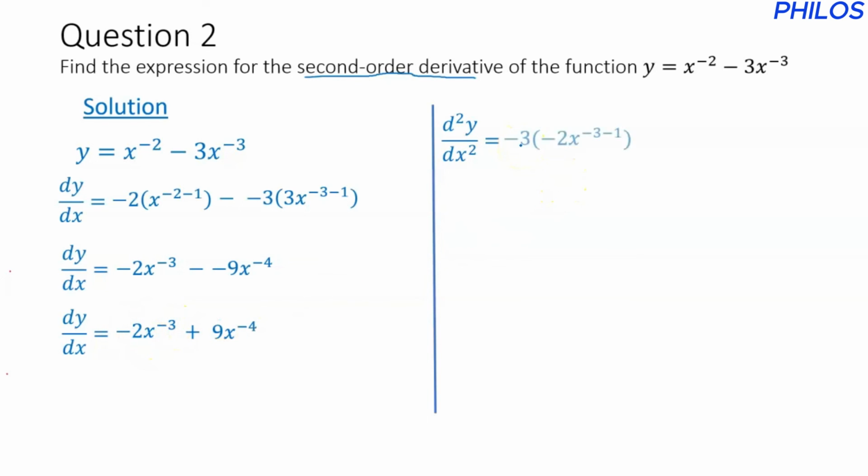So we have negative 3 multiplying negative 2x exponent negative 3. Then we subtract 1 from the exponent. Okay. Then plus. Then we do the same thing for the other place. Negative 4 multiplying the whole of this. Then we subtract 1 from the exponent. So that will give us negative 4 multiplying 9x exponent negative 4 minus 1.